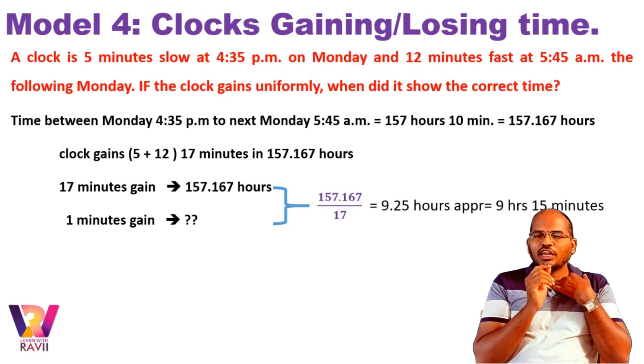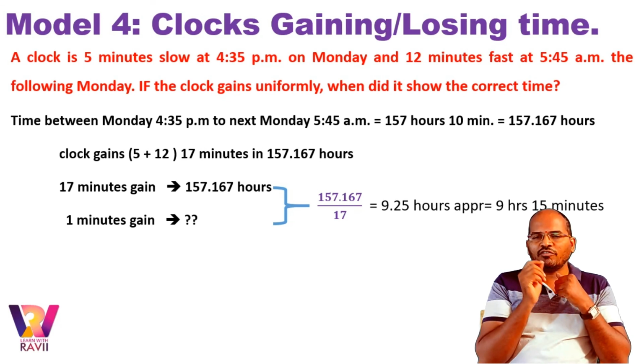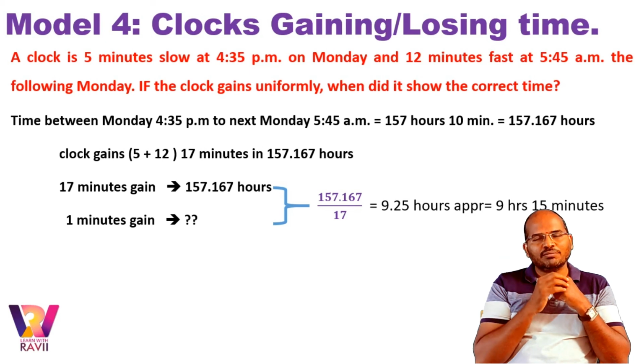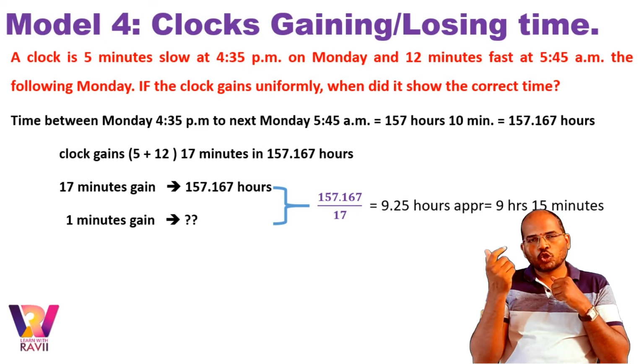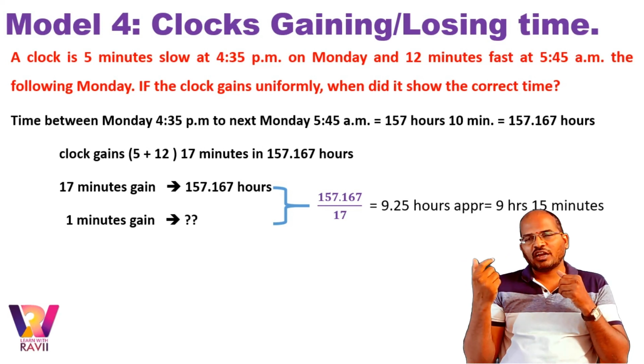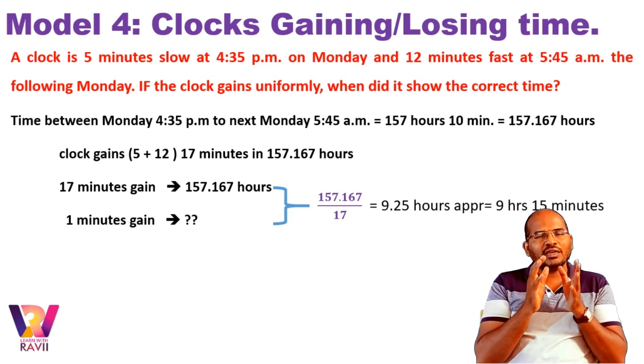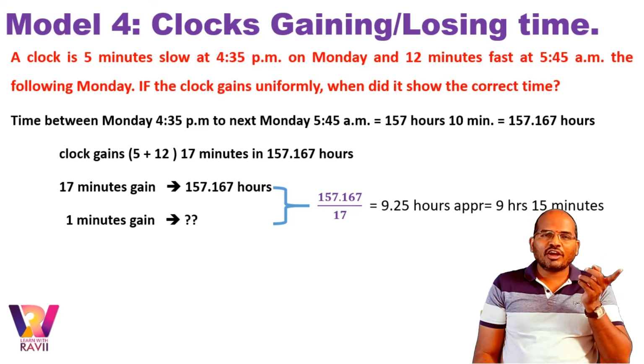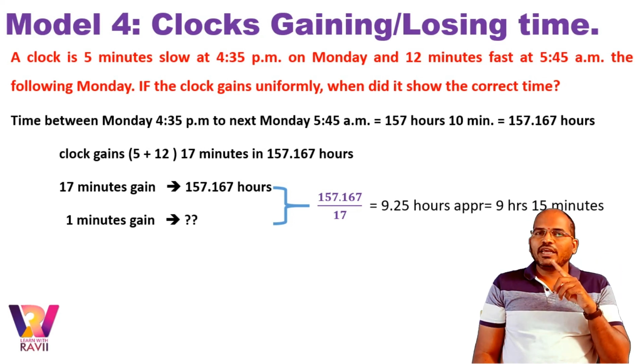Now the question is, if the clock gains uniformly, when did it show the correct time? Initially the clock is slow by how much? 5 minutes. If the clock gains 5 minutes, then it shows the actual time, isn't it? So to gain that 5 minutes, let us do the math. It gains 1 minute after every 9 hours 15 minutes.